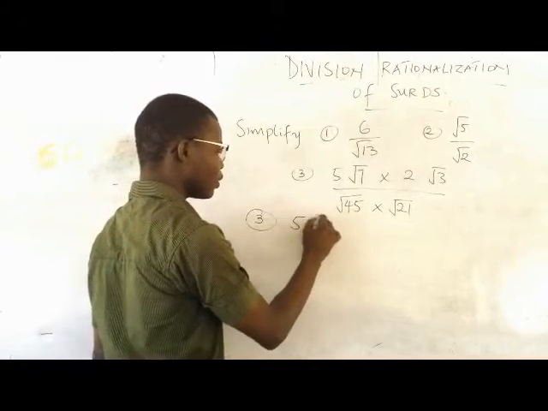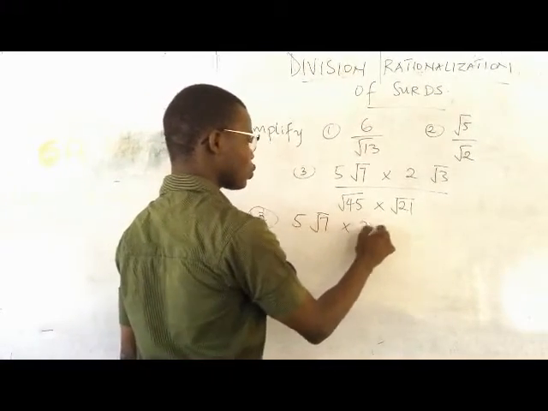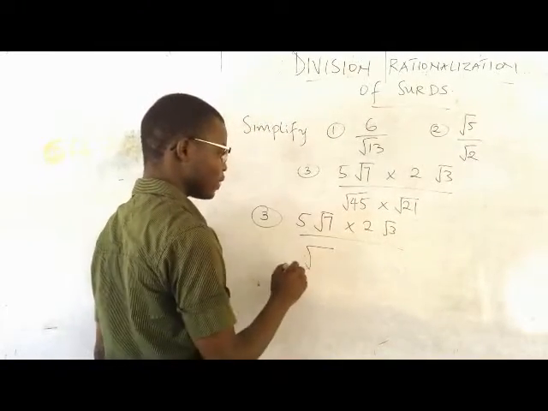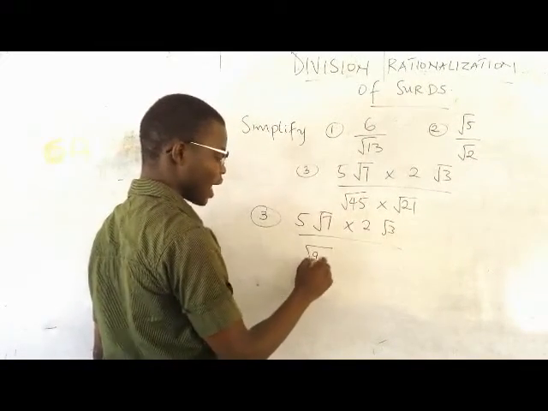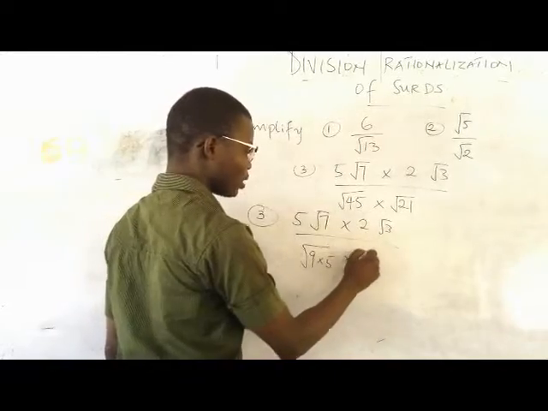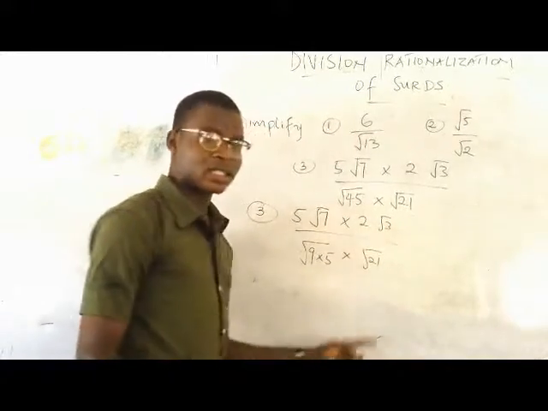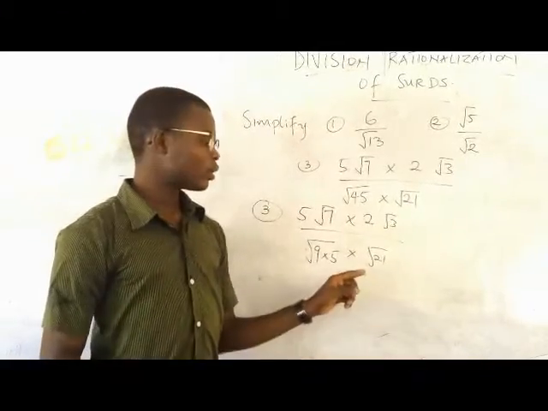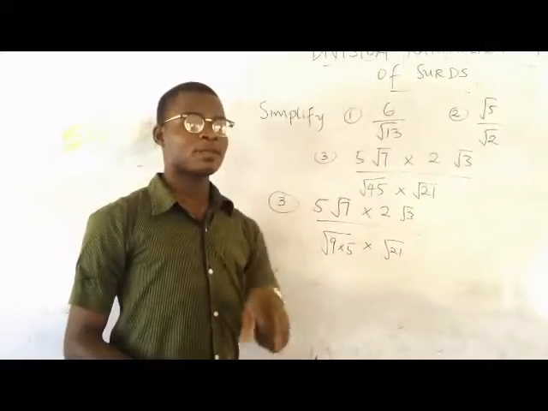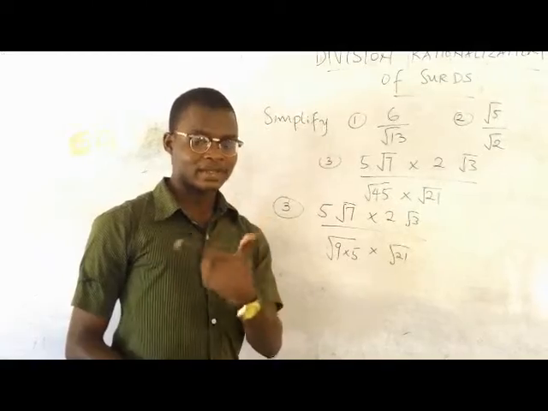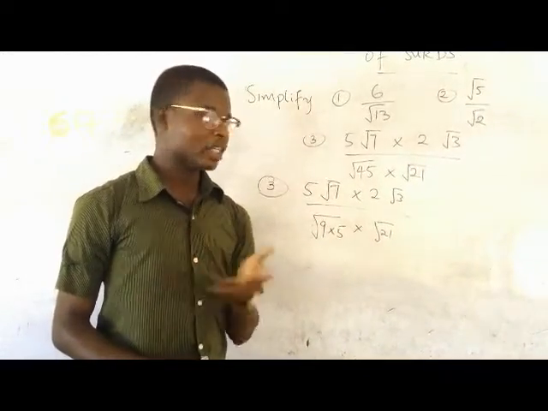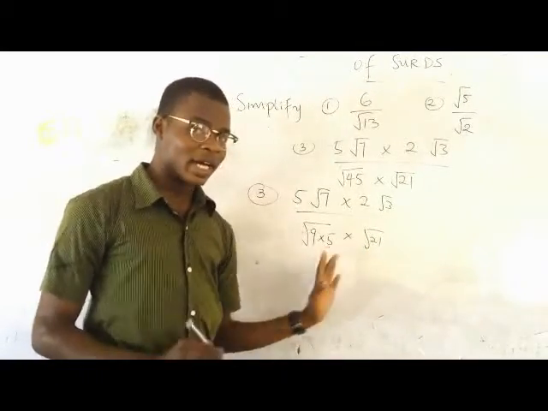That is 5 root 7 times 2 root 3 over, and if you simplify root 45, 45 is 9 times 5. And root 21 could be left as root 21. Why? Because you can only express 21 as a product of two factors, 7 and 3. 7 is not a perfect square. 3 is not a perfect square. So that's why we leave root 21 as it is.